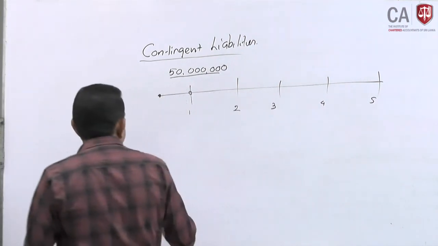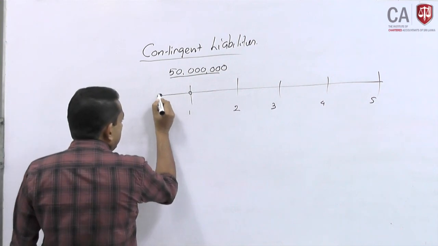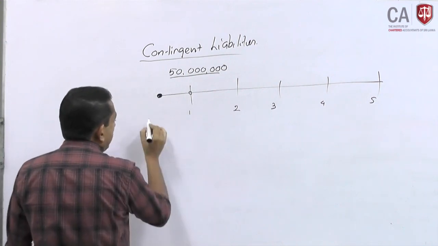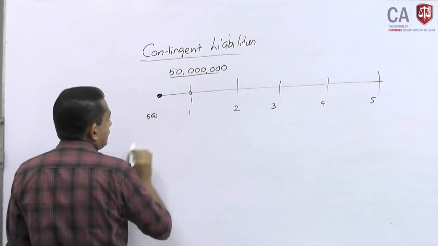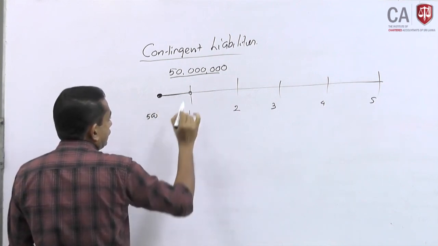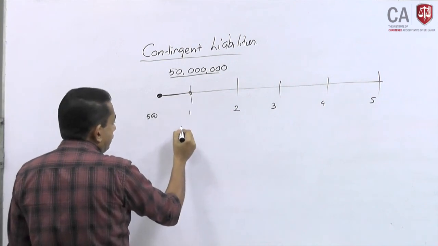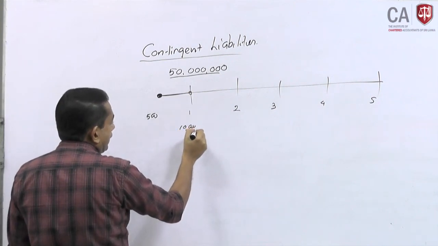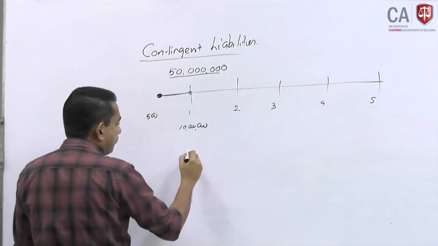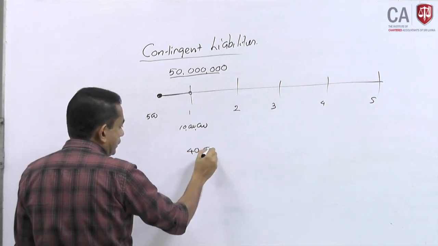Now, at the outset, we had 500 employees and we maintained that over the first year. Out of 50 million grant, 10 million can be recognized to profit and loss, no problem. So, what is the balance grant remaining? 40 million rupees.